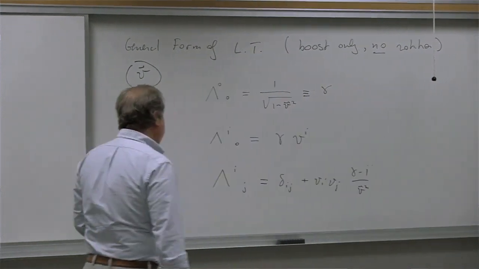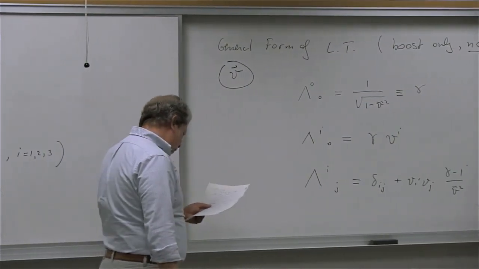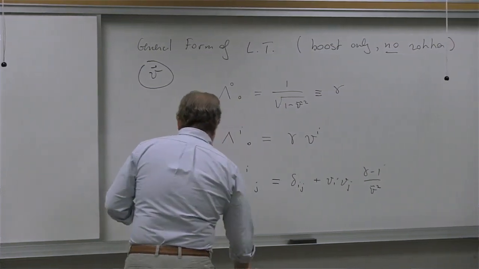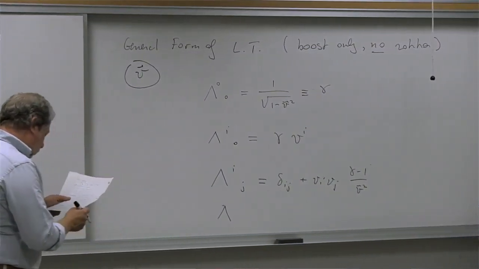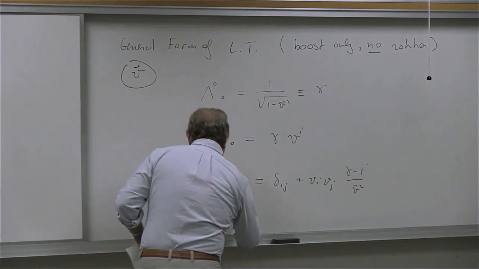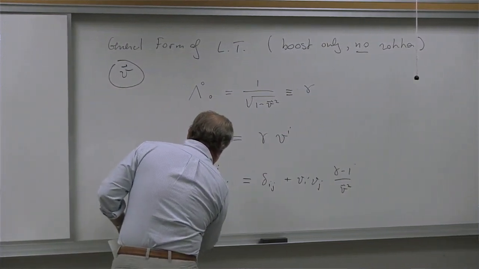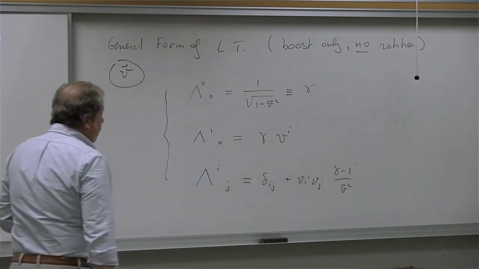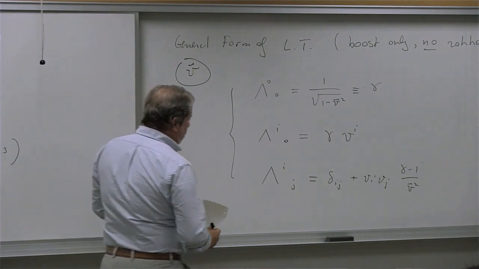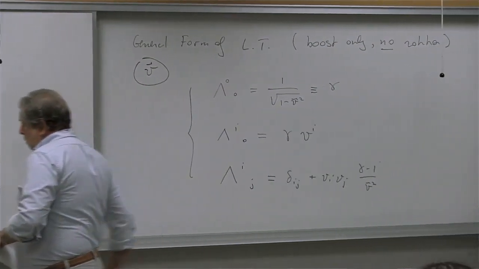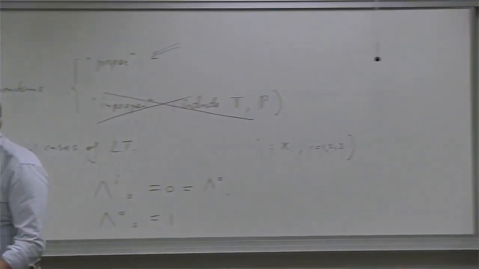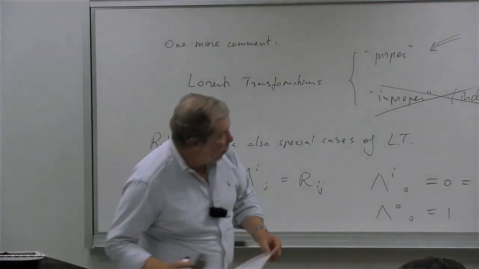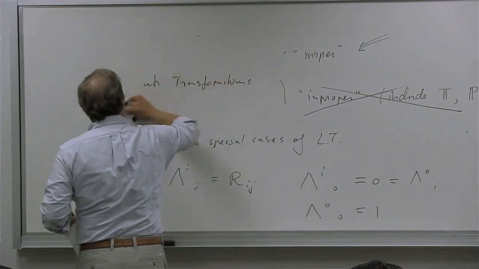And this is something that you might have seen, in fact, already at the undergraduate level. And, well, that's not all of it, because we also need the lambda^0_0. Well, I already have the lambda^0_0, so that's all there is to it. So this is the most general form of Lorentz boost when v is not along any given axis. So we can write this in matrix form if you want, right? So we can write it as a matrix.